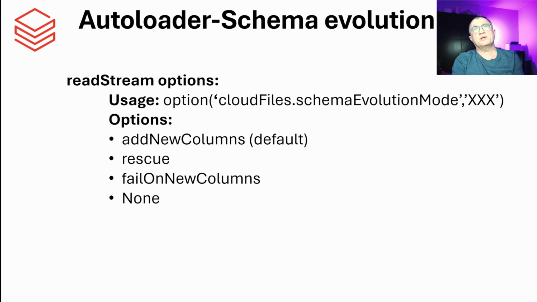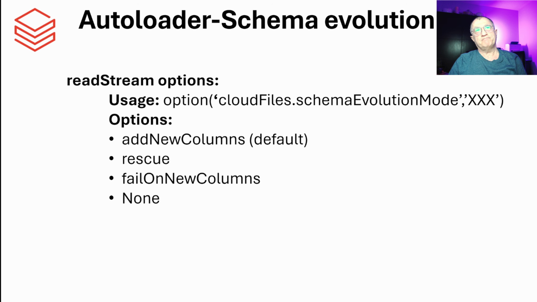With the rescue option, any new columns will be added to a special column that you specify as a configuration, which will allow you to inspect this data and act accordingly. The failOnNewColumns option is self-descriptive, so it will cause your pipeline to fail, and it will keep failing if you try to resume the streaming. And with the none option, your pipeline will ignore any new changes and continue ingesting data that complies with the expected schema.